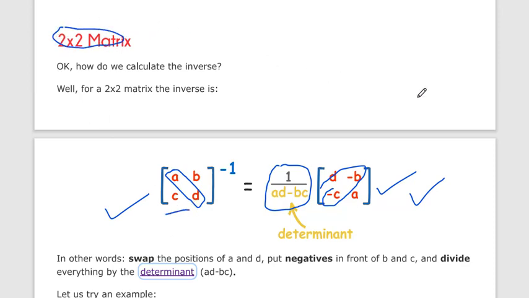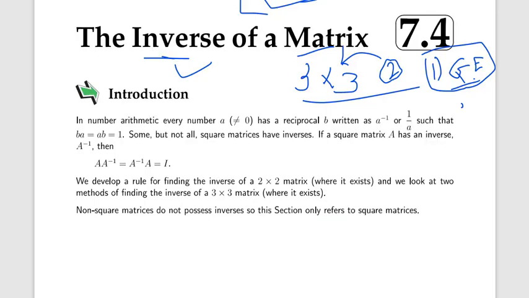But for the 3 by 3 matrix, the method is a bit more complicated. So now let's start with the inverse of a 3 by 3 matrix.